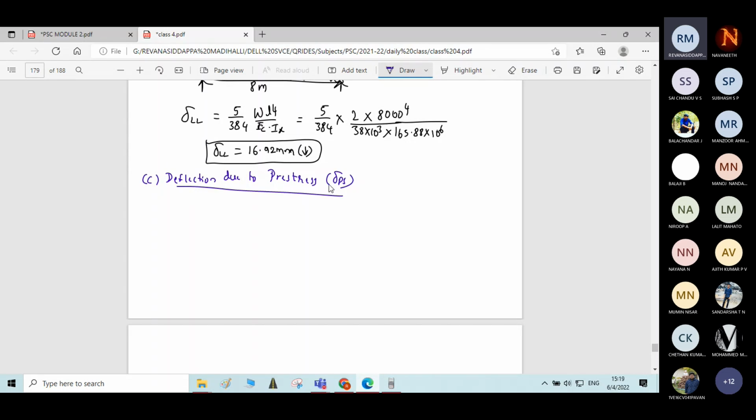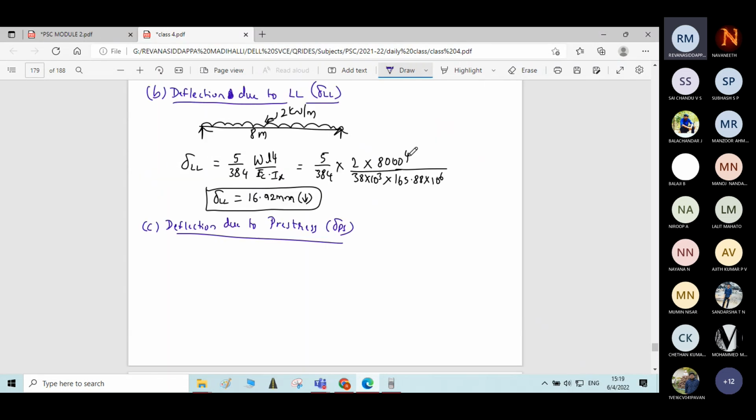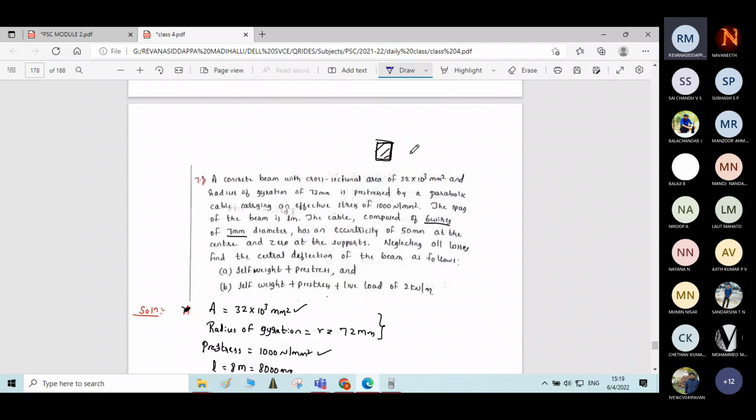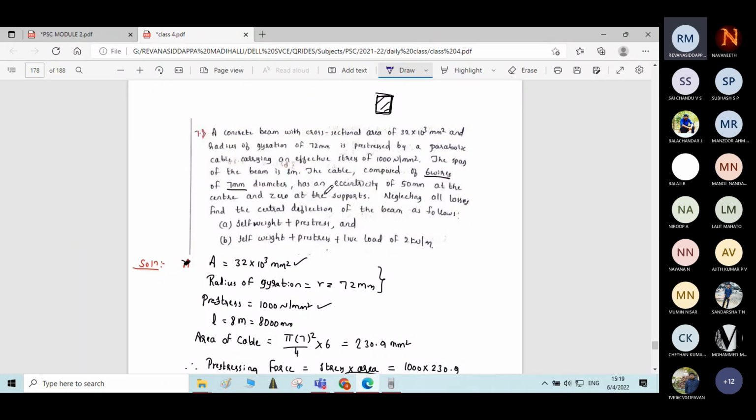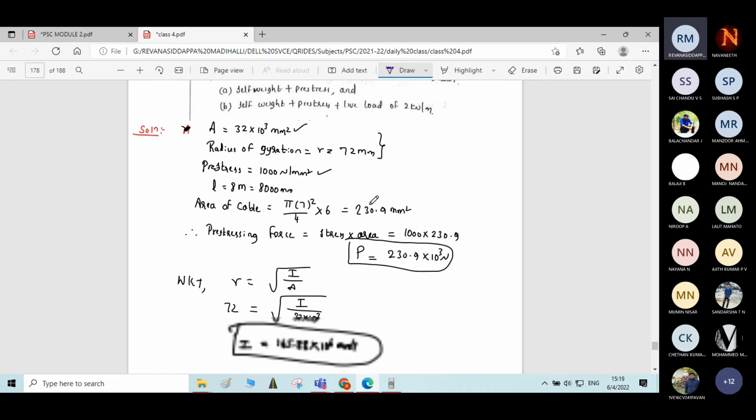To calculate deflection due to prestress, just look into the cable profile. How the cable profile is given: it has an eccentricity of 50 mm at the center and 0 at the support. And he says that it is a parabolic cable.